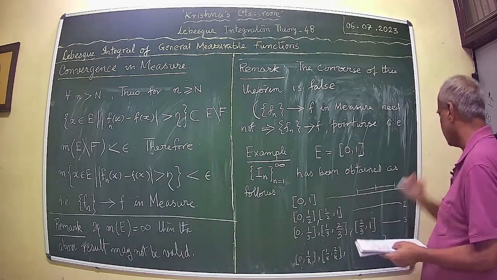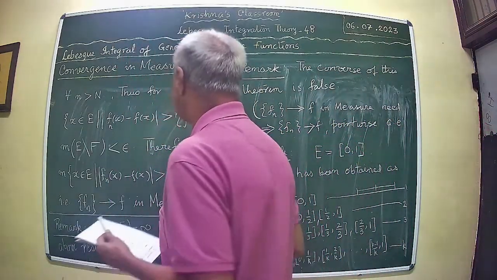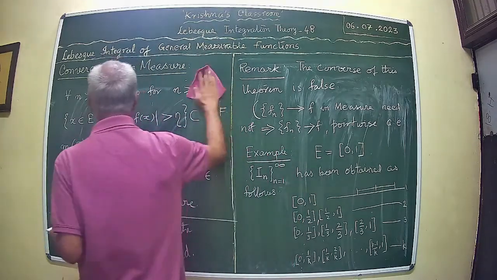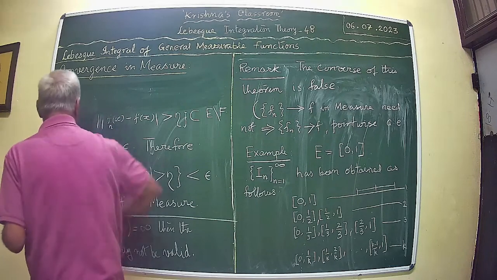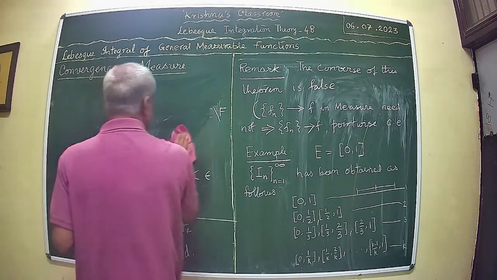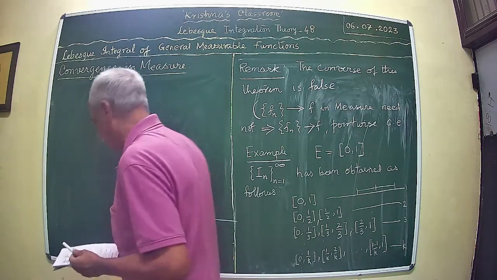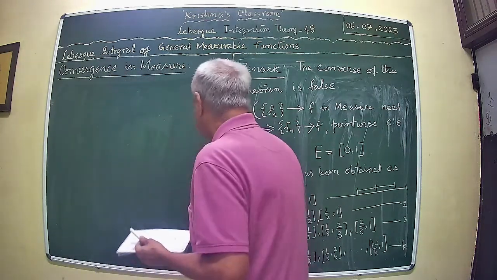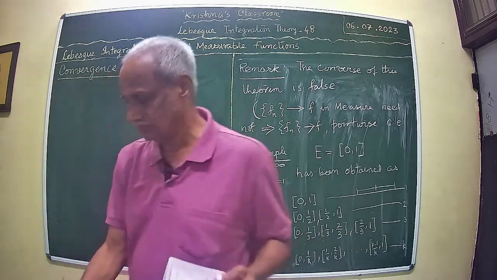Now this is the first step. I hope you understood the breakup and how In comes. You don't need too much thinking on this. Now we construct our functions Fn. That's our task next.